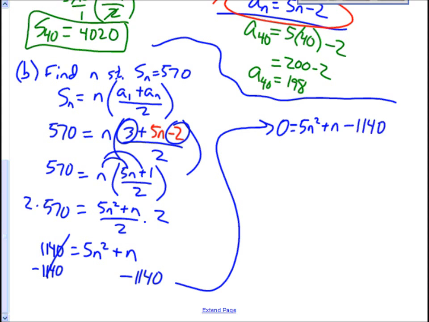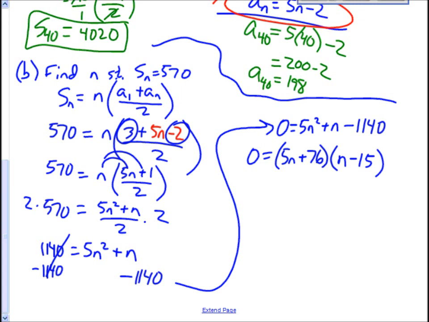And at this point, you're like, well, hopefully I can factor that, right? Or I could just plug it into the quadratic formula. I'll just give you the factorization on this thing. This actually factors into 5n plus 76 and n minus 15.